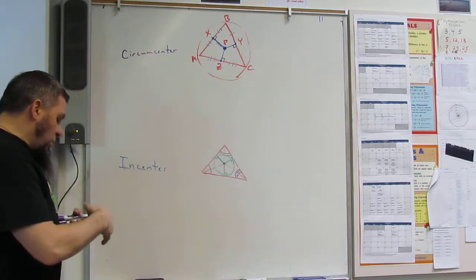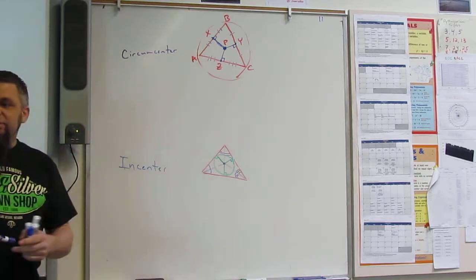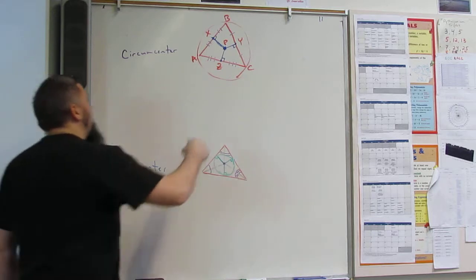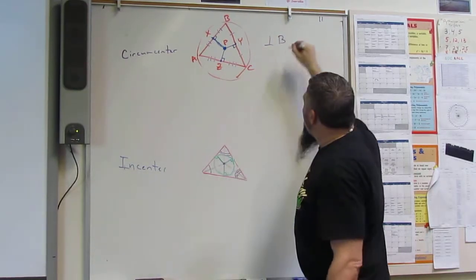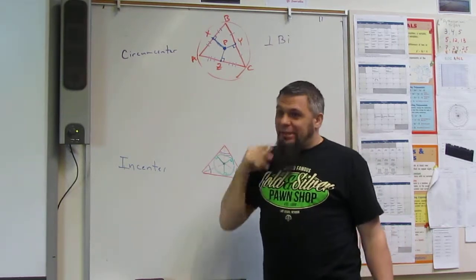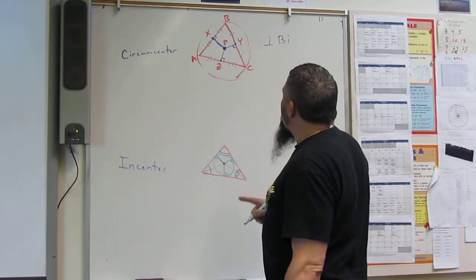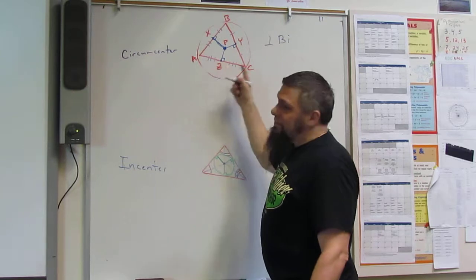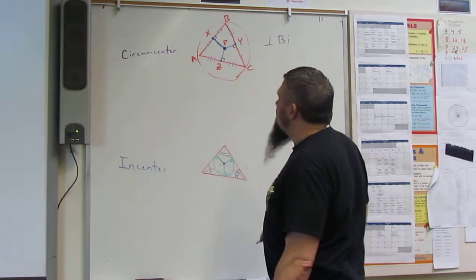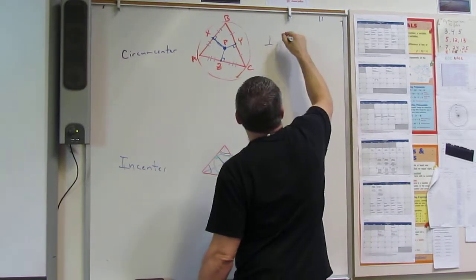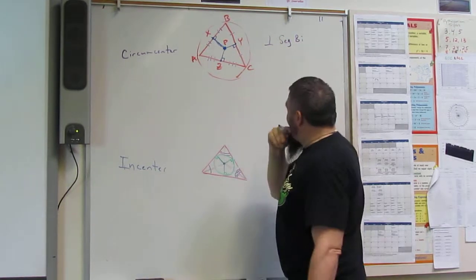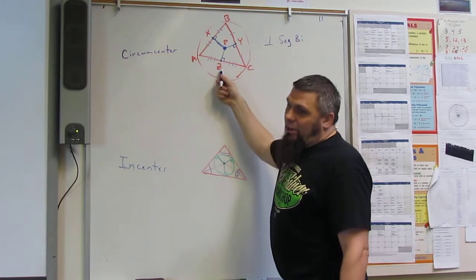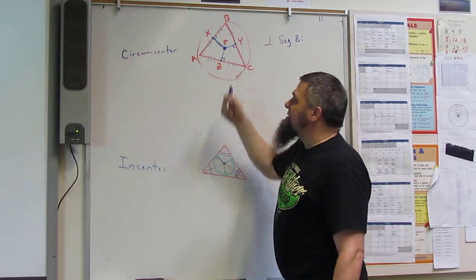Okay? And the way we create this circumcenter is through perpendicular bisectors. Sound familiar? Perpendicular bisectors. They're segment bisectors. And what they're doing is that PZ perpendicularly bisects AC.